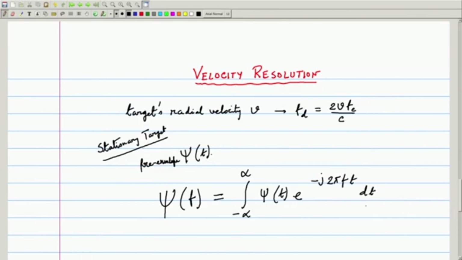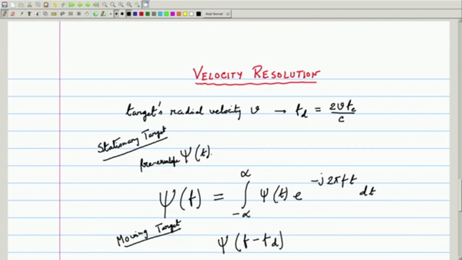Now, instead of a stationary target, let me go to a moving target. In case of a moving target, the received signal spectrum will be shifted by f d. So, the pre-envelope becomes psi f minus f d.